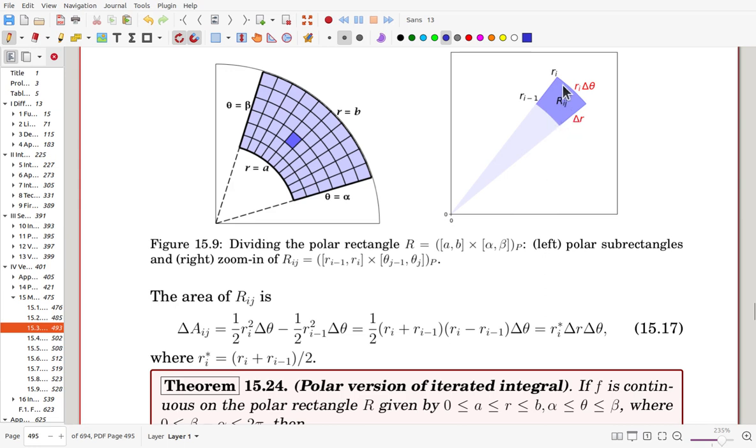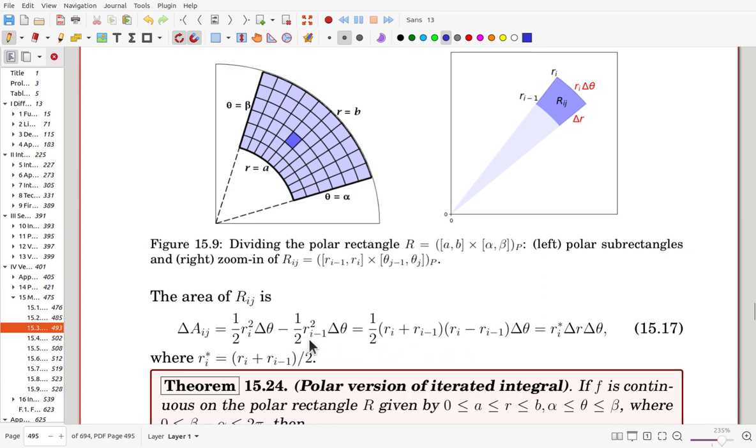And so that whole area minus this less shaded, almost white area. That delta Aij is the same as that one. Now we rearrange it.